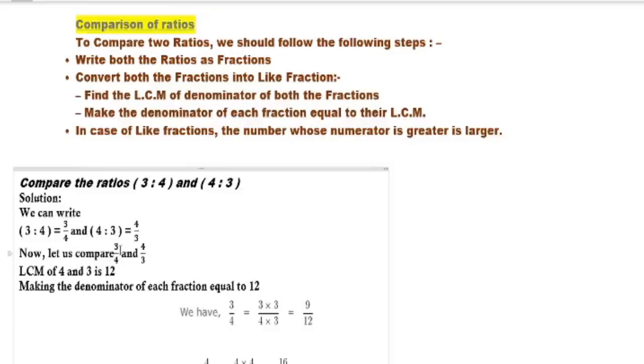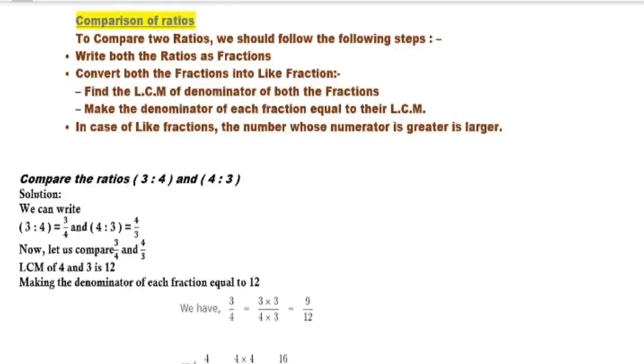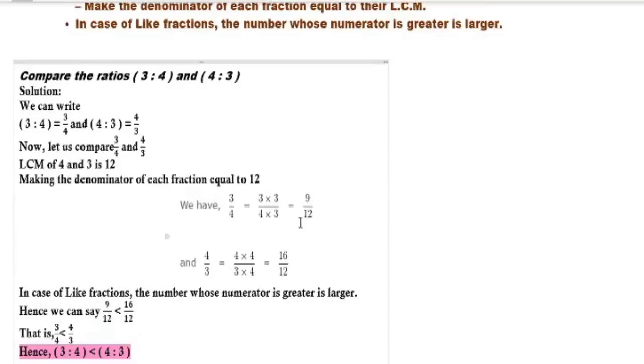So the first one, 3 by 4, the denominator is 4. The second one, 4 by 3, the denominator is 3. We have to find the LCM of 4 and 3. LCM of 4 and 3 is 12. Now we can write 3 by 4 equal to 3 into 3 divided by 4 into 3. That means multiply the numerator and denominator by 3, so that you will get the denominator 12.